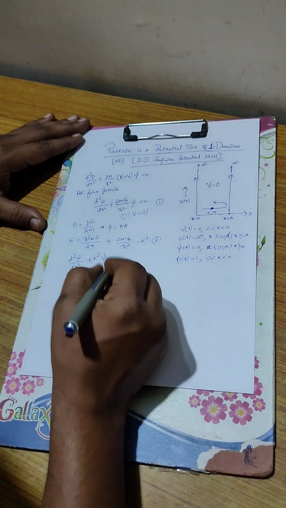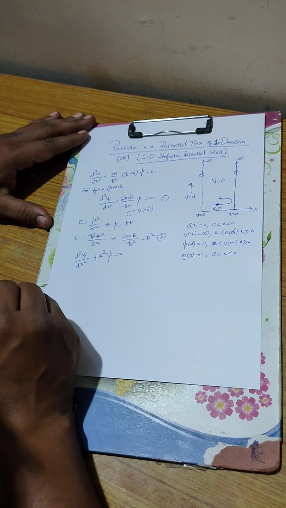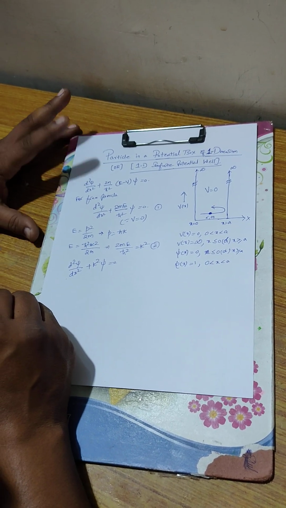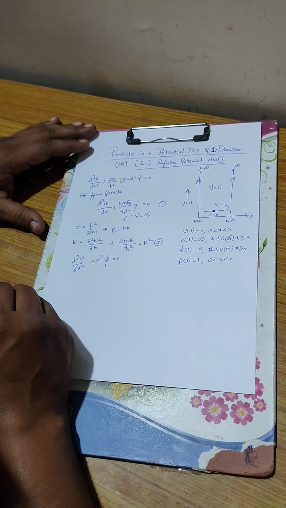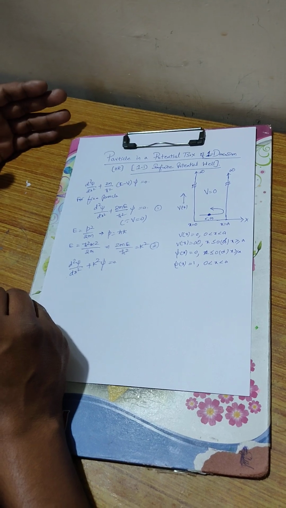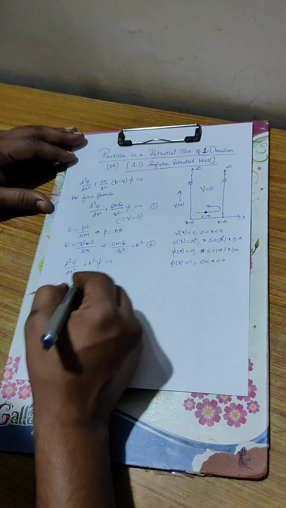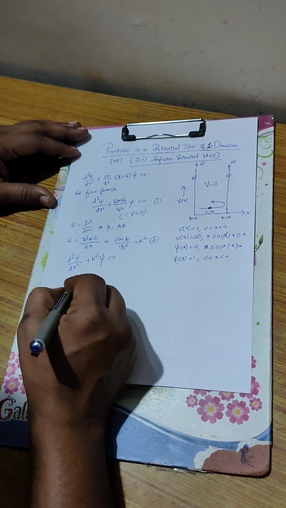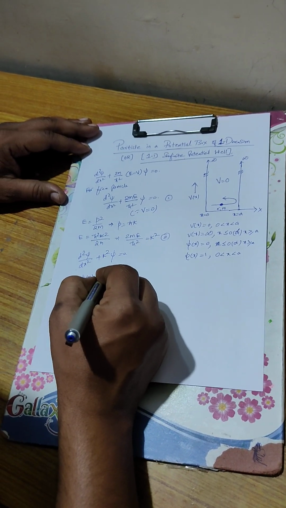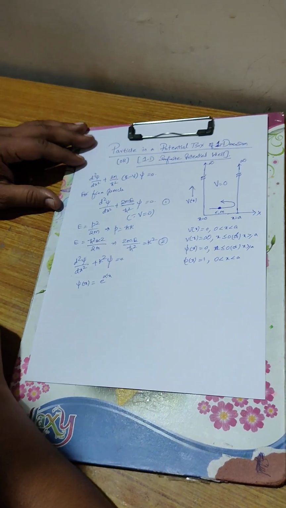This Schrodinger's wave equation appears to us in the form of a second order differential equation, so it has two solutions. Usually the solutions of the differential equation can be taken as exponential. Therefore, the solution ψ(x) can be written as e^(αx), where α is a constant.